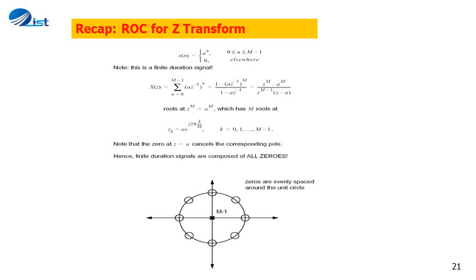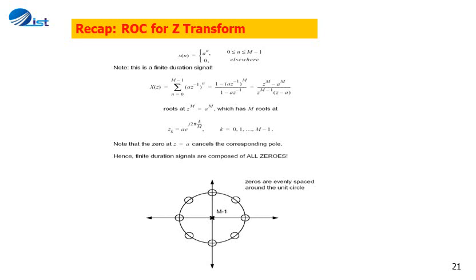And you can see that all of these zeros are on the circle of radius a, but at different locations based upon the angle of the exponential. And the zero at a cancels the pole at z equal to a, and the remaining zeros remain, equally spaced on the circle.